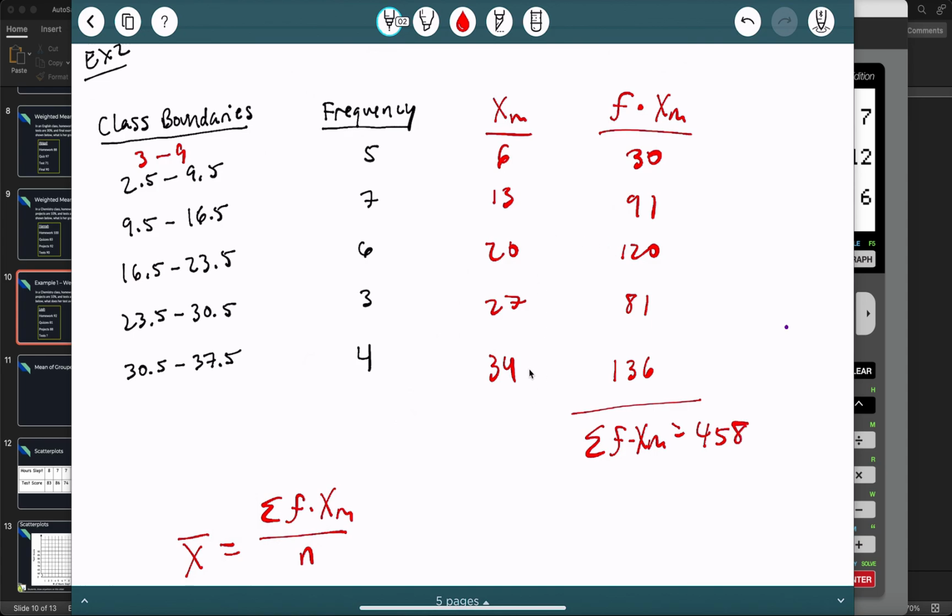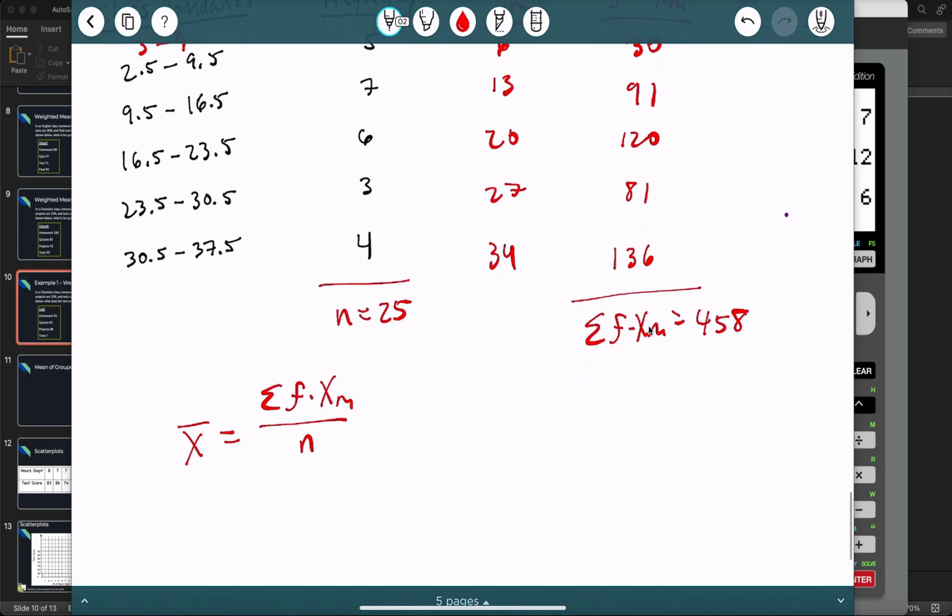And if I ask myself what's my n, how many total values are in my frequency distribution here? Remember, the frequency is how many are in each class. So if I sum this together, n is always my total, my sample size, the number of people I have, and we should get 25. Once you have these columns, that's the work, the hard part. Then we can simply plug it in.